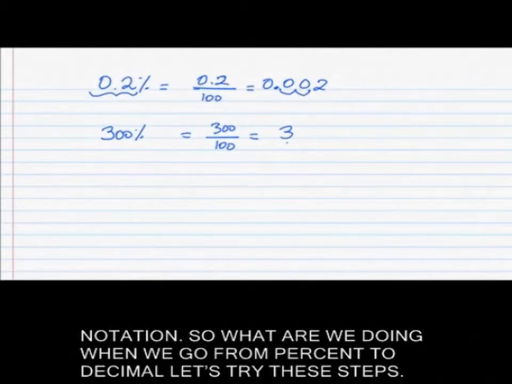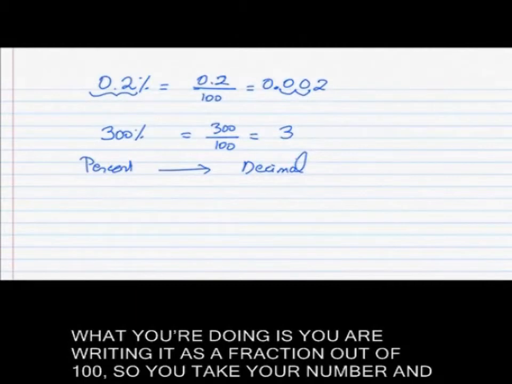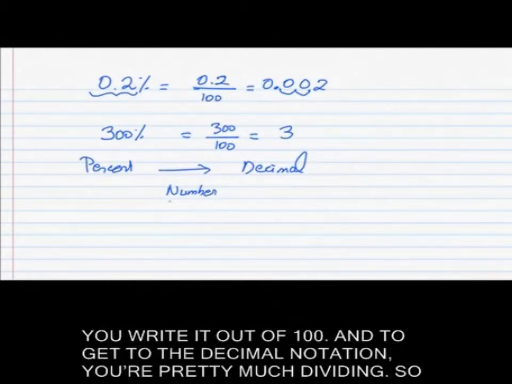So what are we doing when we go from percent to decimal? Let's write these steps. What you're doing is you're writing it as a fraction out of 100. So you take your number and you write it out of 100, and to get to the decimal notation, you're pretty much dividing.